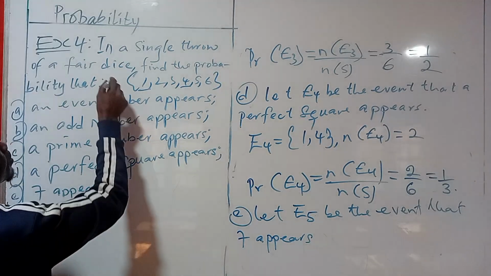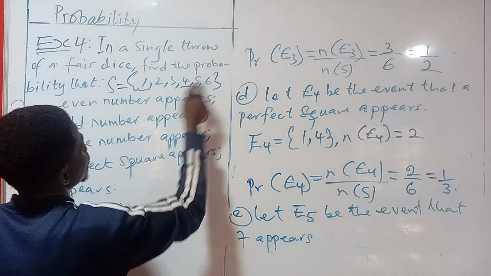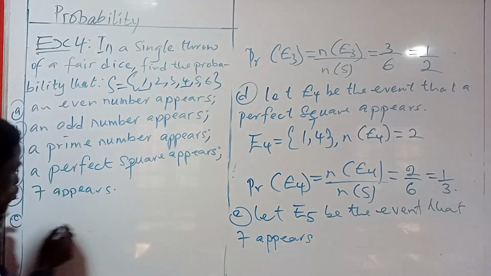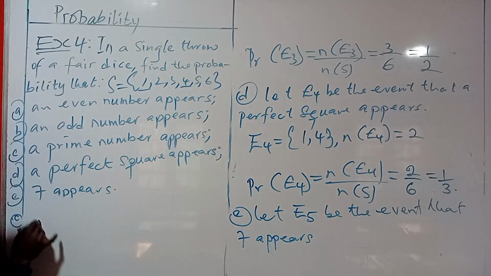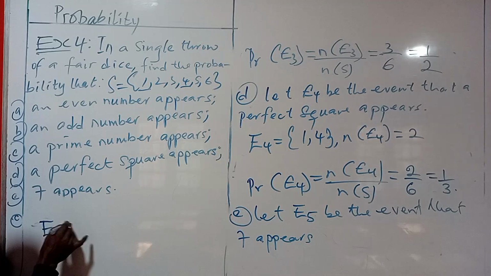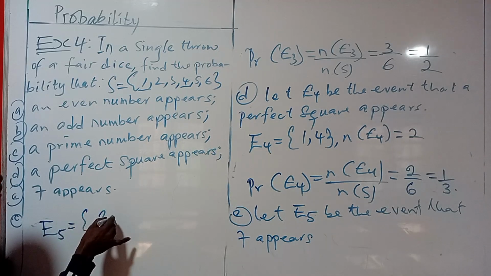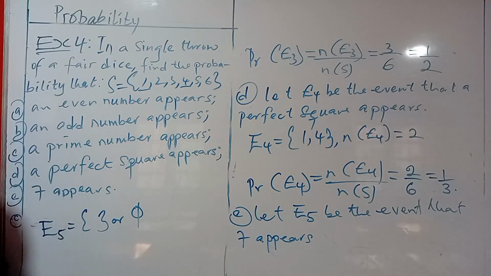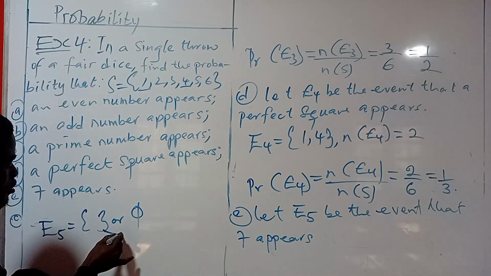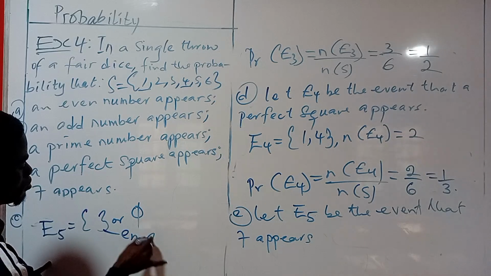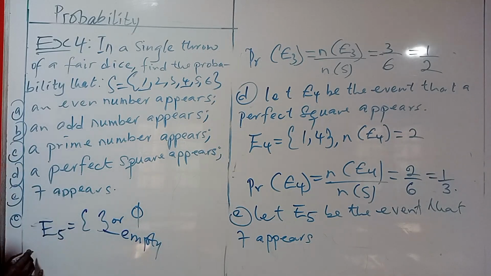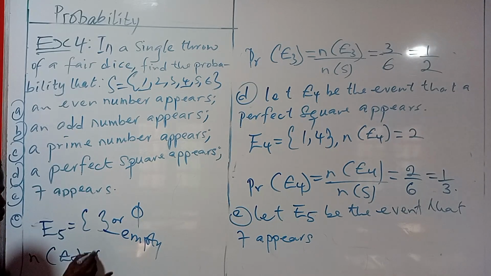Now, if you look at this sample space, is there any 7 here? No, we don't have a 7. So E5 equals empty, or you put it like this. This symbol means empty. So the cardinality of E5 will give you 0.